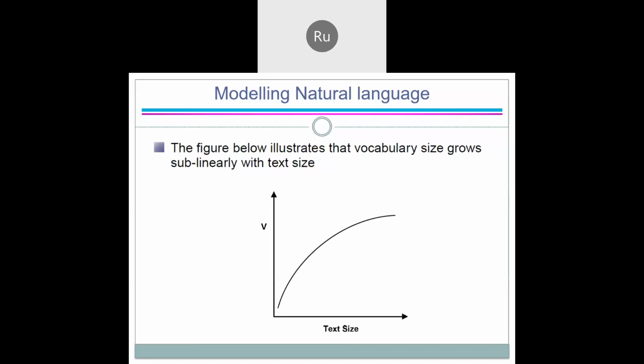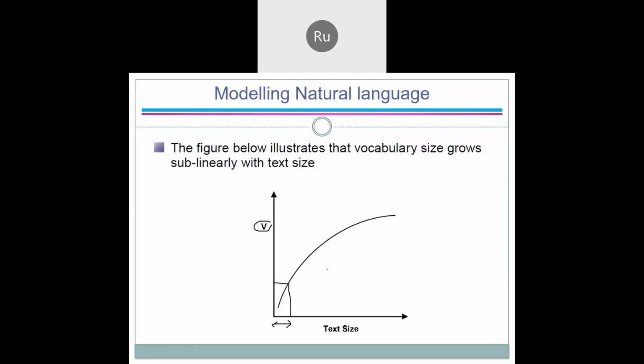We also look at the text size. The V here refers to vocabulary. So if we are here, that means the text size that we have here.